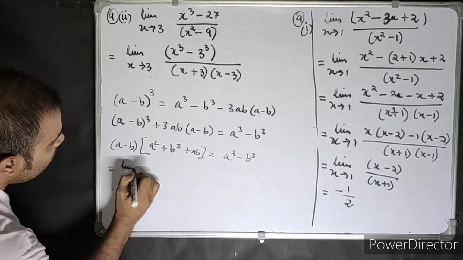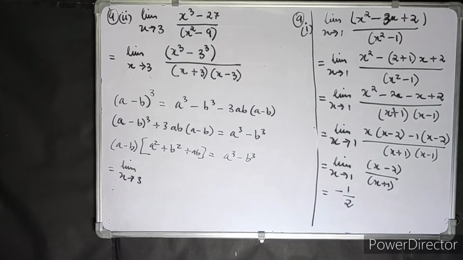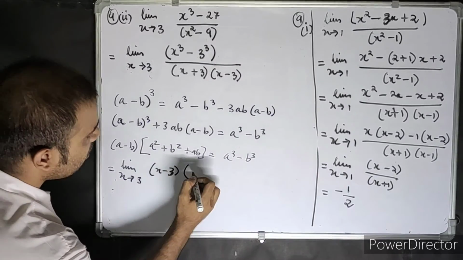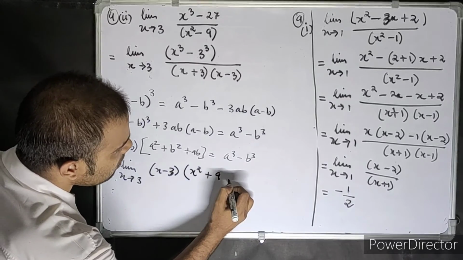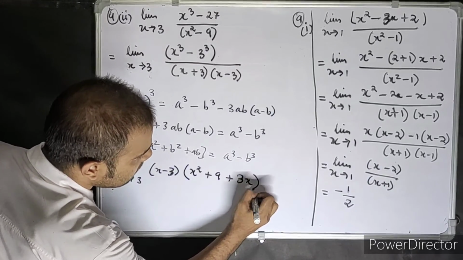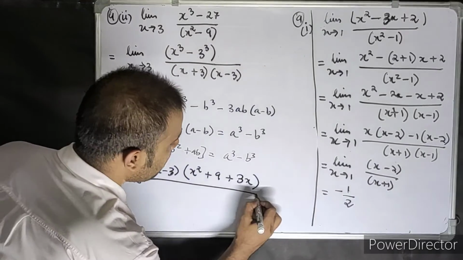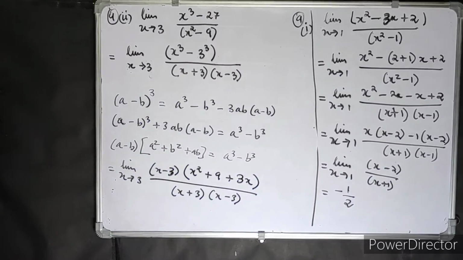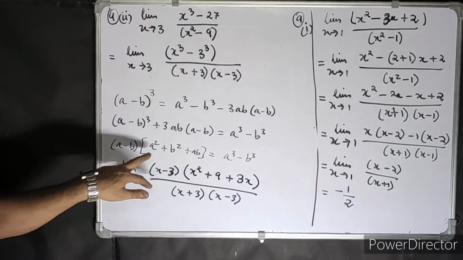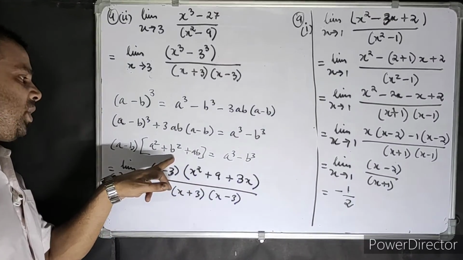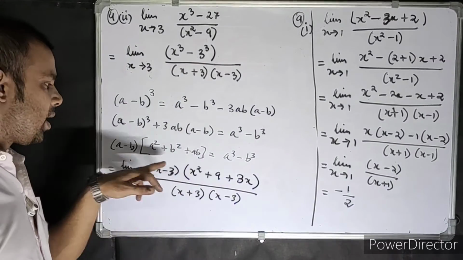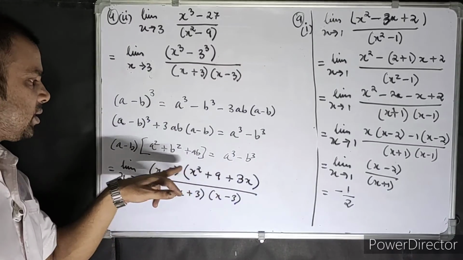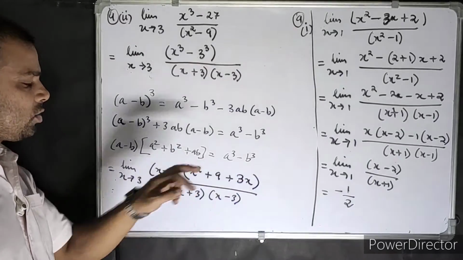So from there, limit of x tends to 3, we are going to get (x minus 3) bracket (x squared plus 9 plus 3x), whole thing divided by (x plus 3) and (x minus 3). See, a is x, so x square, then b is 3, so 3 square is 9, and a into b, that is x into 3, is 3x.